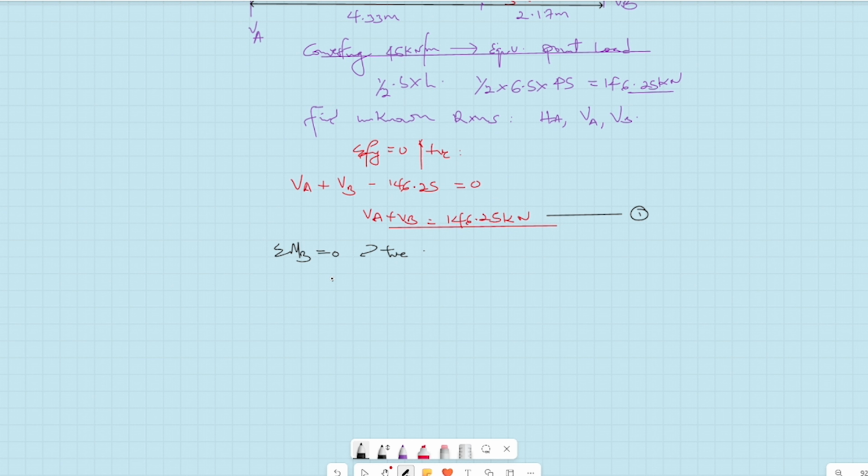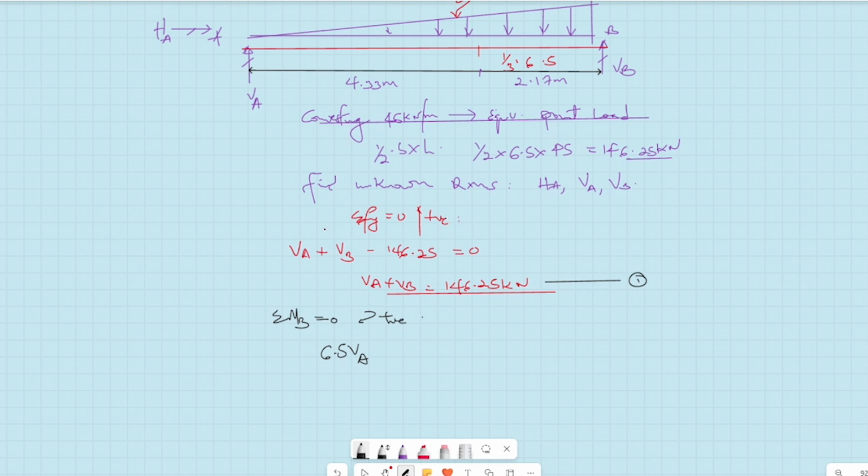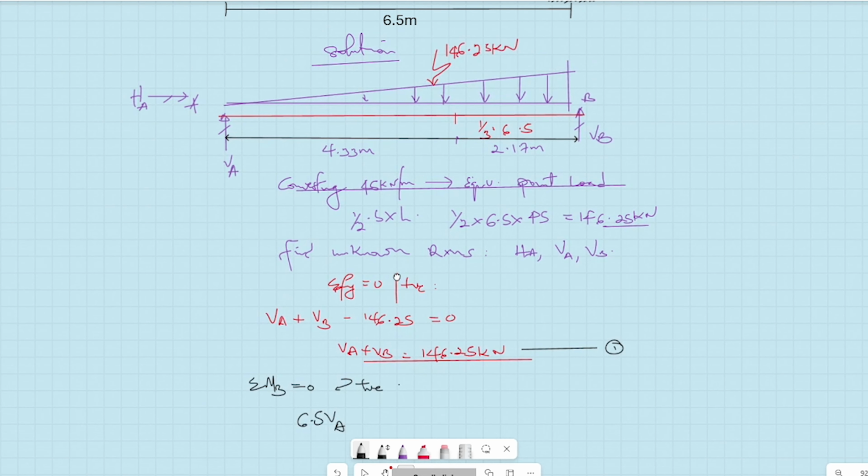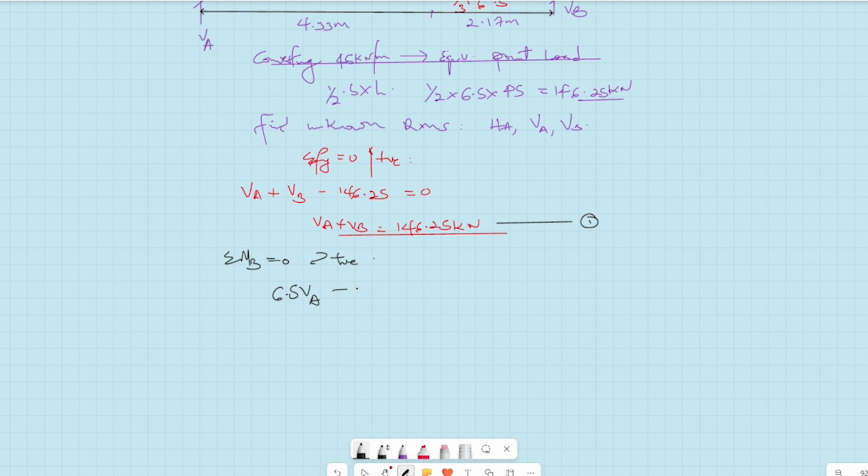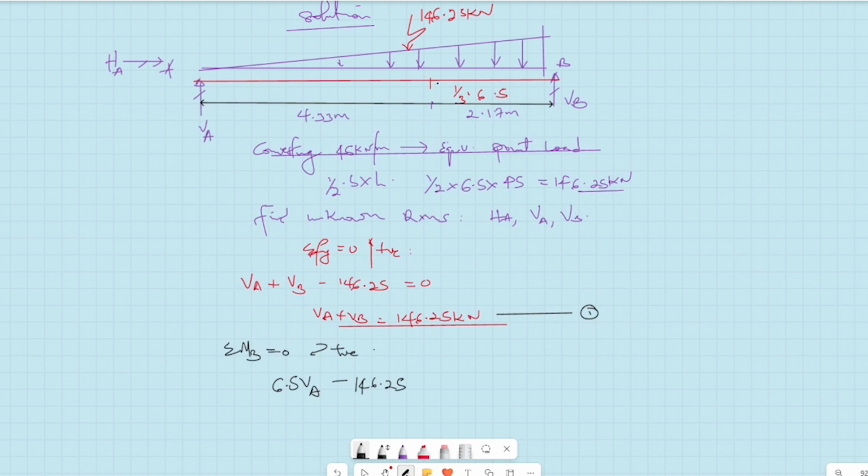So what do we have? 6.5 VA, because it's positive, so that's clockwise. Then 146.25 kilonewtons will be negative because it's going anticlockwise towards B. Minus 146.25 multiplied by the distance at which it's acting, so that's 1/3 of 6.5, so that's 2.17. 146.25 times 2.17 should give us 0.